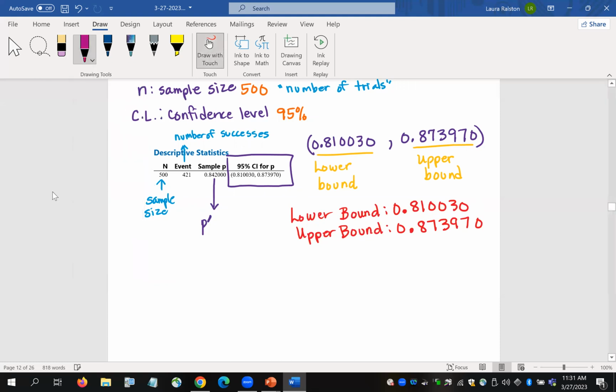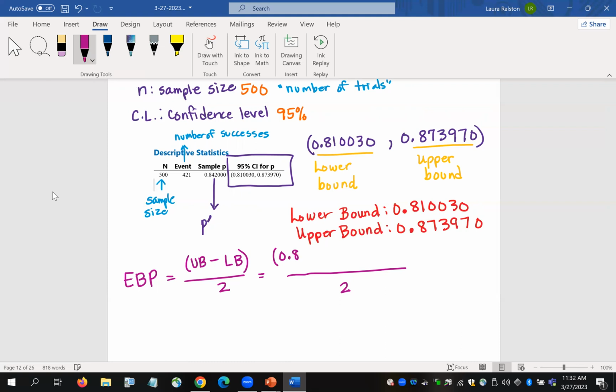I then need to calculate the error bound for the proportion. The formula hasn't changed. It is still the upper bound minus the lower bound, divided by 2. But again, it is a manual calculation. I have to do the calculations on the calculator. So I have 0.873970 minus 0.810030.